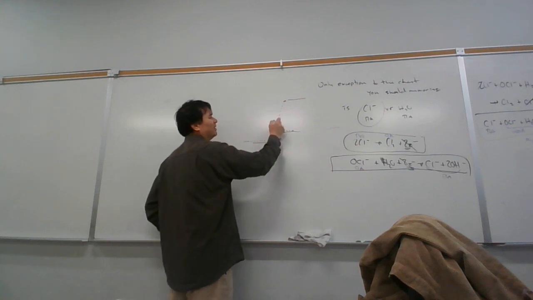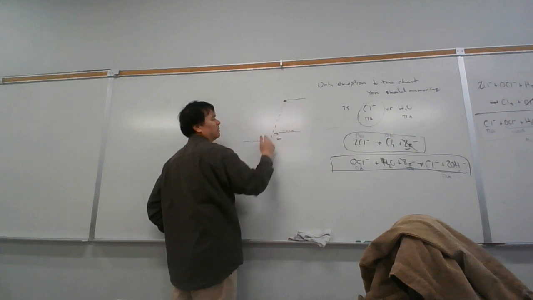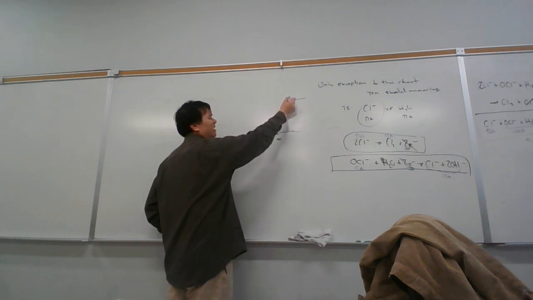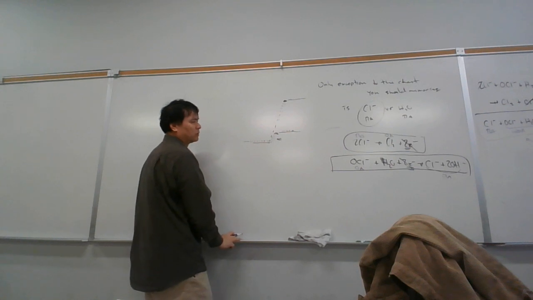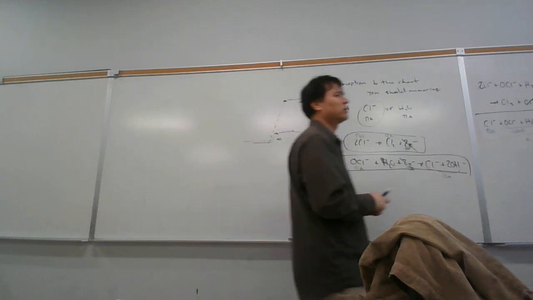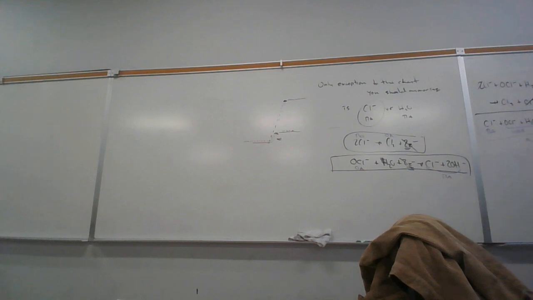If it's a very big hill, then essentially no reaction because the population up here is negligible compared to the population down here. So it could be one of those situations, but when we do Chem 1A stoichiometry, we typically assume we have 100% reaction or 0% reaction. In this case, they're assuming 100% reaction.